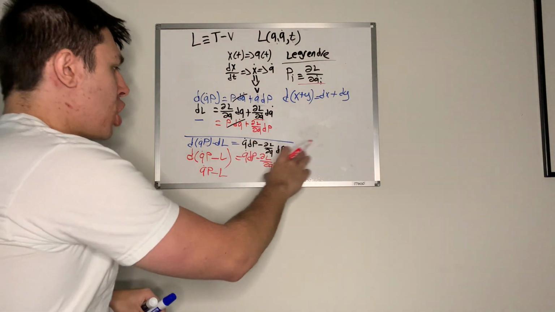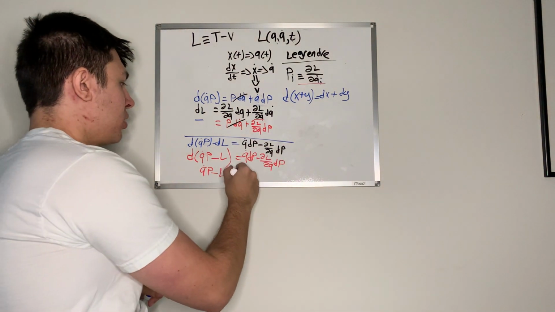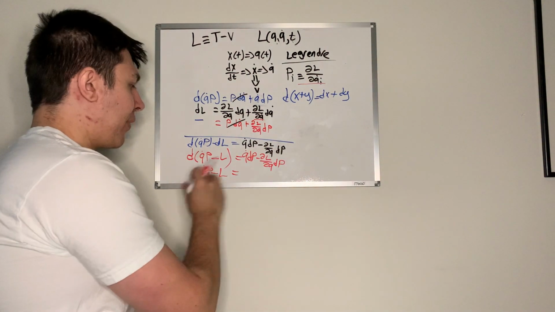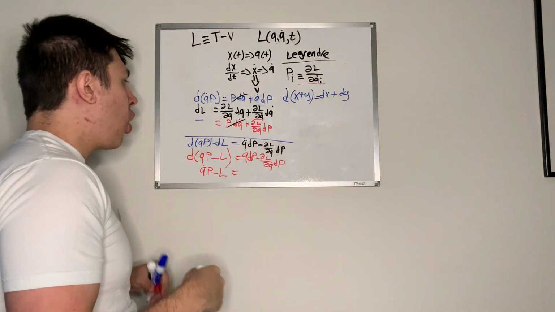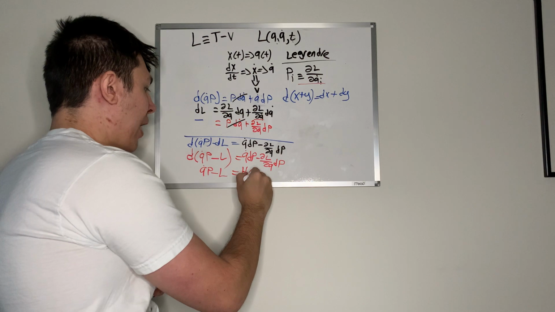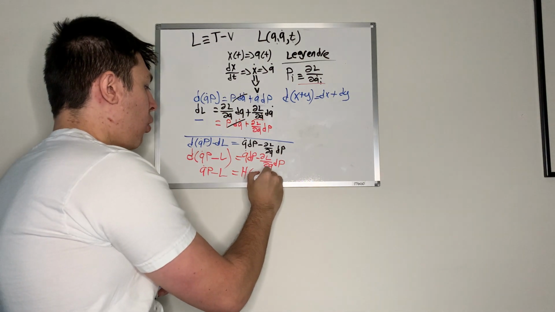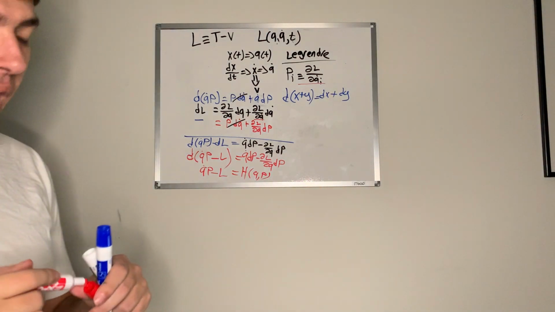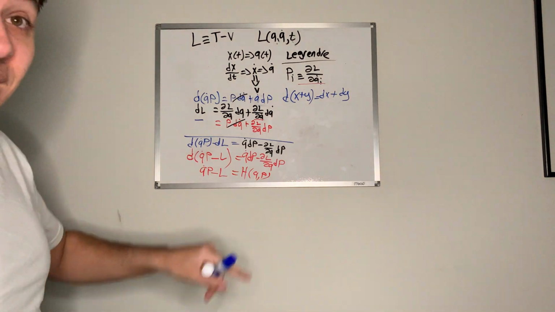This is just junk over here, which I can just define to be H. You can integrate it, it doesn't really matter. You'll get that these are equal to each other. So we define this to be the definition of a Hamiltonian, and the Hamiltonian is dependent on our position and our canonical momentum, right?